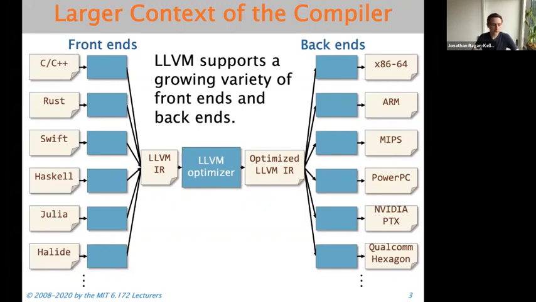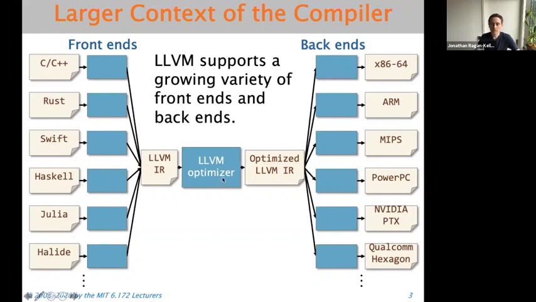And the real value of LLVM is that it captures a lot of shared optimization. So things that apply to the low-level code ultimately output by all of these different compilers and relevant to almost any of these different processor targets. And that core is really embodied in this key middle piece here.